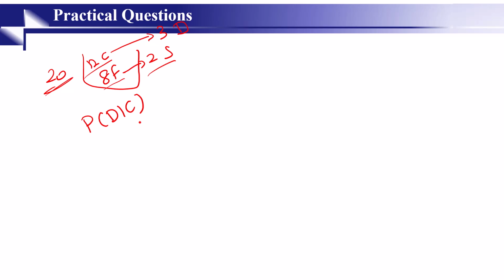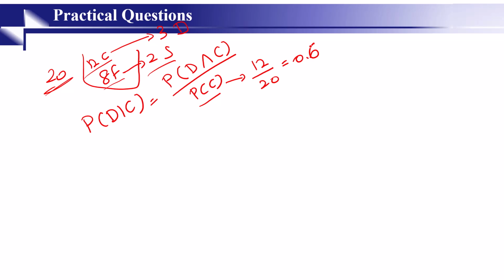So the probability of D given C is equal to the probability of D and C divided by the probability of C. P(C) is the number of chocolates divided by total candies, so P(C) is equal to 12 divided by 20, which is 0.6.